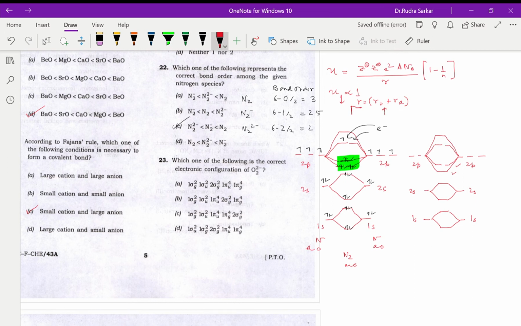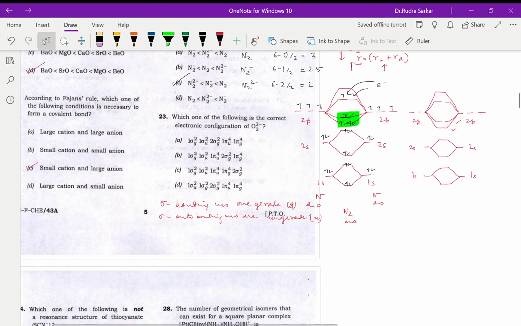Over here, always remember that the sigma bonding MOs are gerade, and the sigma antibonding MOs are ungerade. That means u is ungerade and g means gerade.